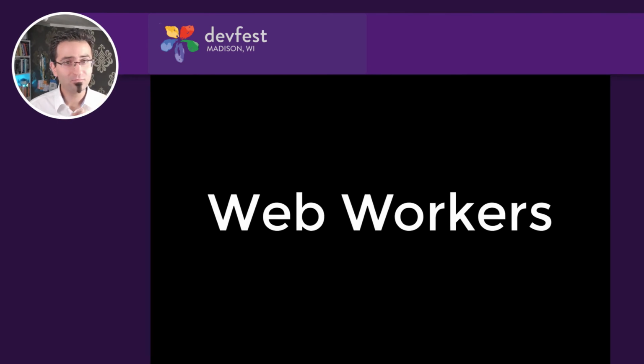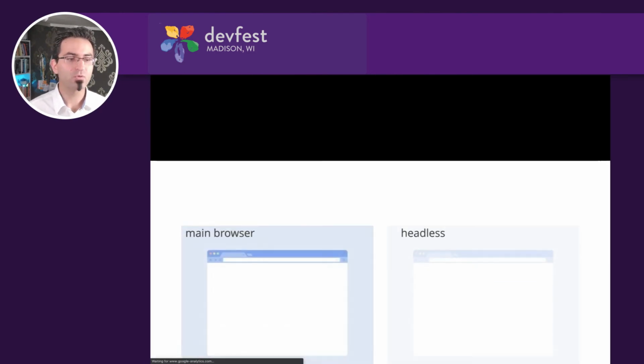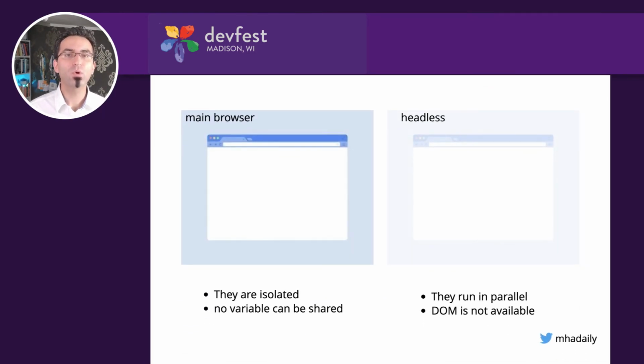One of the options, which has been with us since maybe 2012 and is stable on almost all browsers, which support it very well, is Web Workers, right? Web Workers are quite famous. We know them. Web Workers work like an almost headless version of your browser.